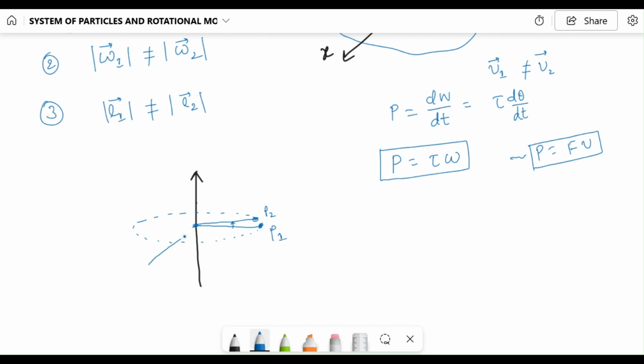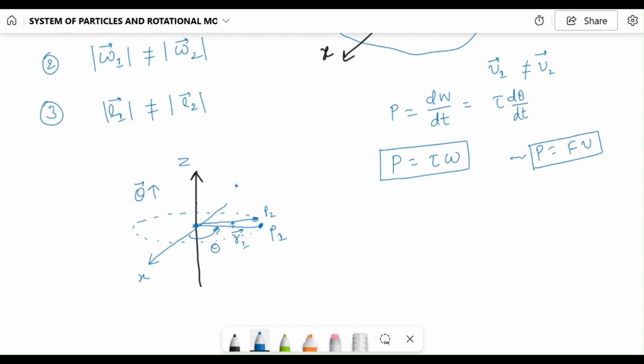This is the x-axis, this is the z-axis. To obtain the direction of this angular displacement, we apply the right hand rule. We place the four fingers along the x-axis and curl them towards this position vector r1, so the thumb indicates the direction of the angular displacement. So angular displacement is along the positive z direction.